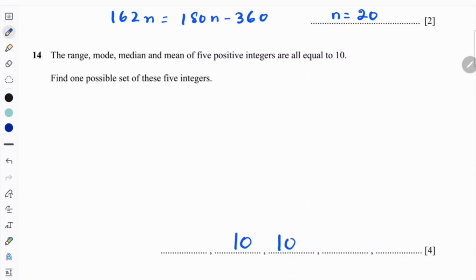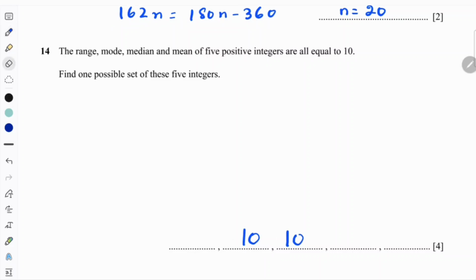The range is equal to 10. That means we'll have to manage the bigger numbers after 10 here, and before 10 it should be smaller than 10. The sum should also be 50, because 50 upon 5 will be equal to 10. The sum should be equal to 50 for these numbers. If I keep a smaller number, I'll have to maintain a bigger number than 10 here.